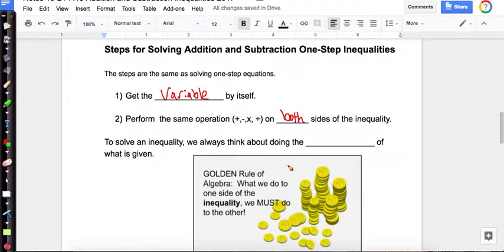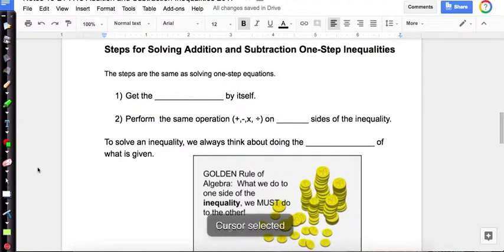To solve an inequality, we always think about doing the opposite, or inverse. So put inverse in parentheses here. Inverse of what is given. So we have the golden rule of algebra. What we do to one side of the inequality, we must do to the other.